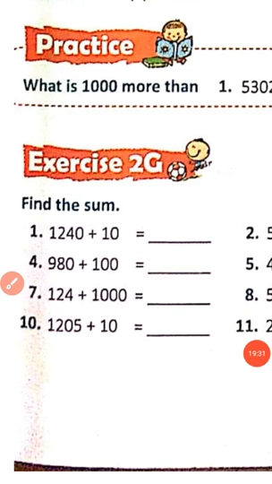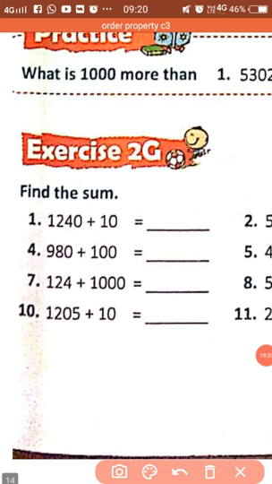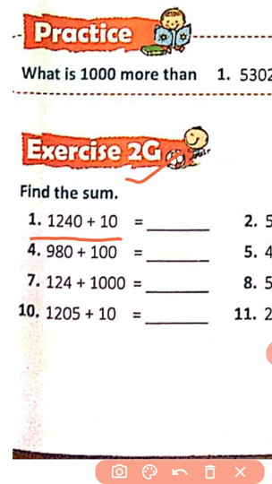Now we see exercise 2G. The first question is 1240 plus 10. Now we know the rule. If we add 10 to any number, the ones place digit will be the same, and the tens place digit increases by 1. So here 4 is increased by 1, so now 5, and the hundreds place and thousands place numbers will be the same if there is no regrouping.